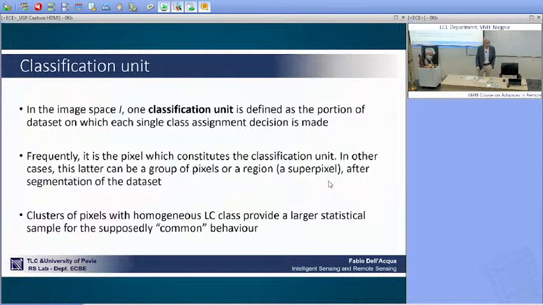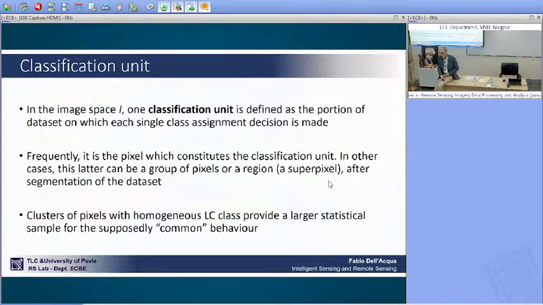Okay, so when you do classification, you do that on a so-called classification unit. The classification unit is the smallest portion of the data set on which a class assignment is made. So one classification unit may typically be a pixel, because there's nothing smaller than a pixel that I can consider separately for classification.